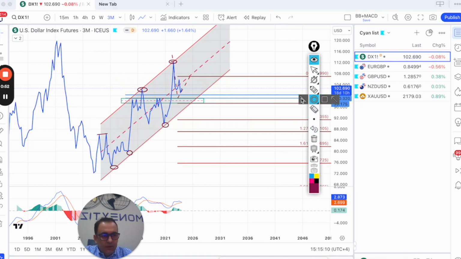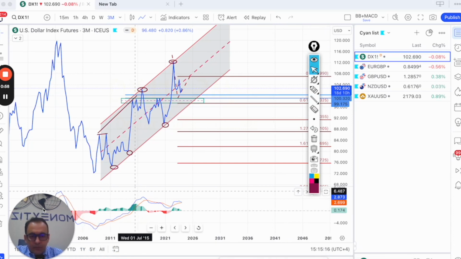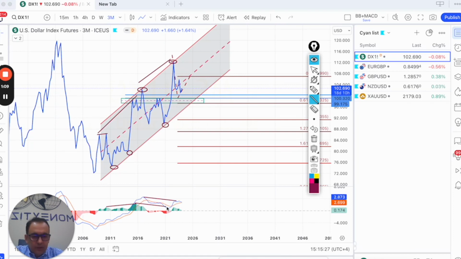Now what has happened here, we had a higher high, and based on MACD we got a higher high formation on the MACD histogram, followed by a higher high and lower high formation. So a clear sign of weakness in the buyers of the dollar index.